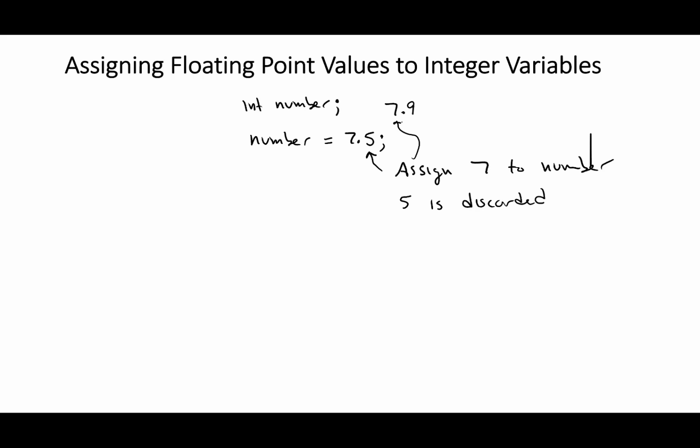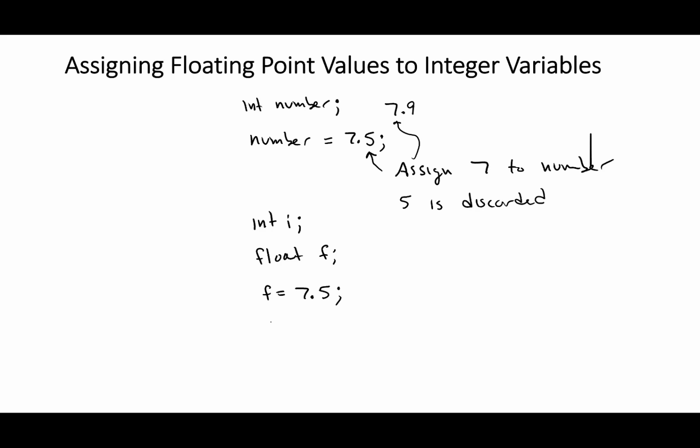Where this can cause problems is, let's say that we have int i, so we have an integer, and then let's say that we have a floating point, float f. So we have two variables, one's an integer and one's a floating point. And then let's say that f is equal to 7.5.